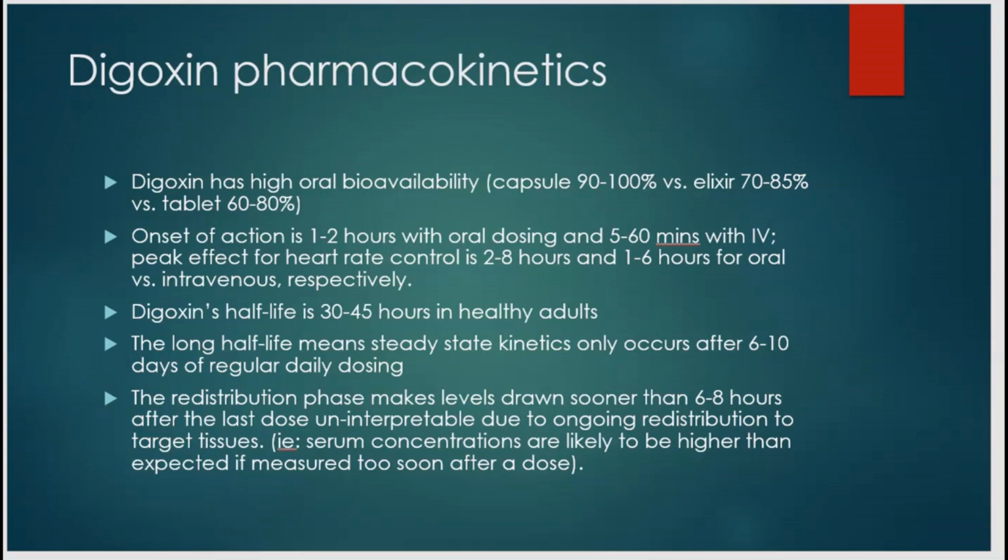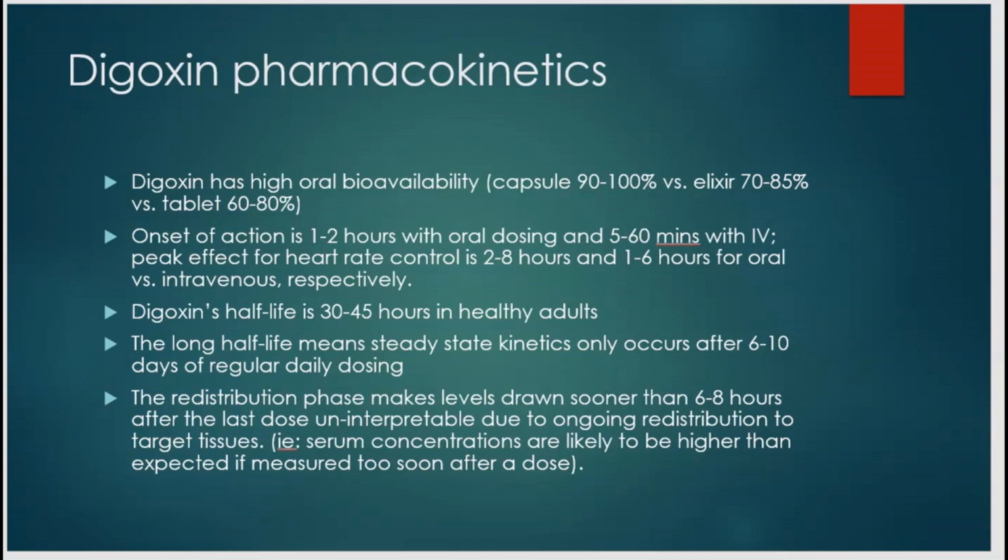So if you are planning to order a digoxin level to look at the level of the drug in the blood, you should wait for a few days before you do that in order for the drug to reach its steady state. 6 to 10 days is the average, so you can order a drug level after a week to have a sense of where your patient is in terms of drug levels.